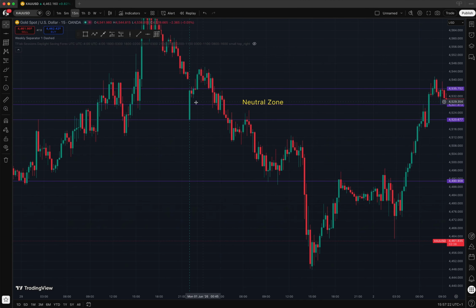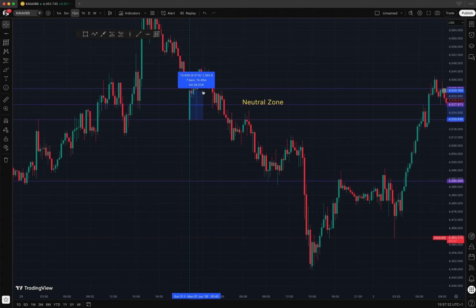The other scenario is usually when the market opens with a big candle like this. Well, this one is kind of polemic because it's a little bit above 1200, so I could consider it, but I'm not forced to.